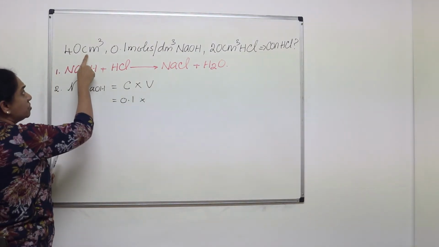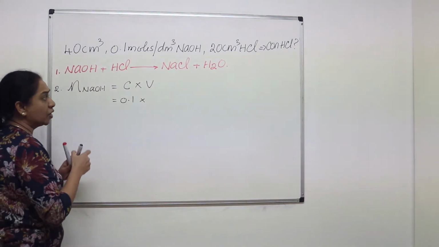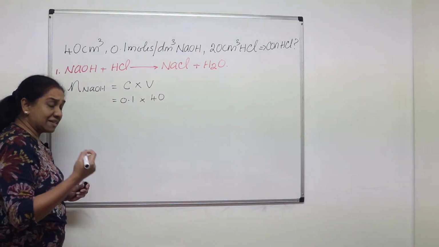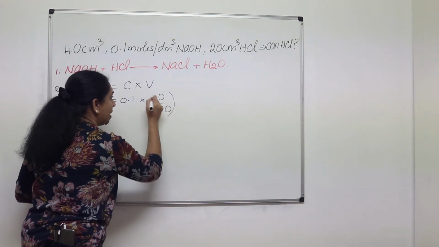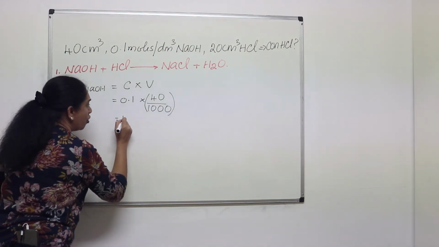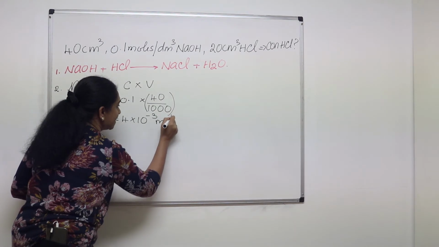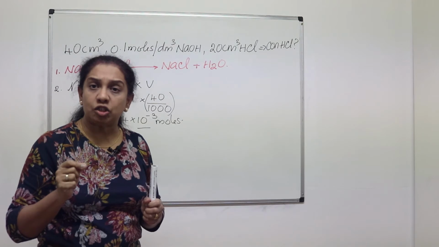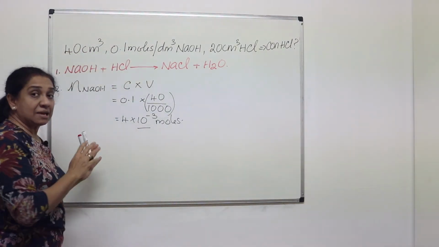Therefore, the volume should be converted into cubic decimeters. I'm going to convert the 40 cubic centimeters into cubic decimeters by dividing it by 1000. Now we will be getting an answer of 4 times 10 to the power minus 3 moles. So this is the number of moles of sodium hydroxide that reacted. Our second step is done.